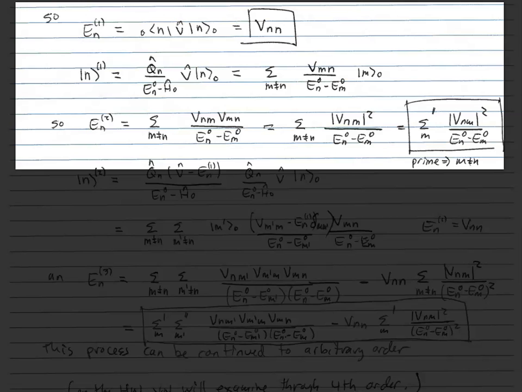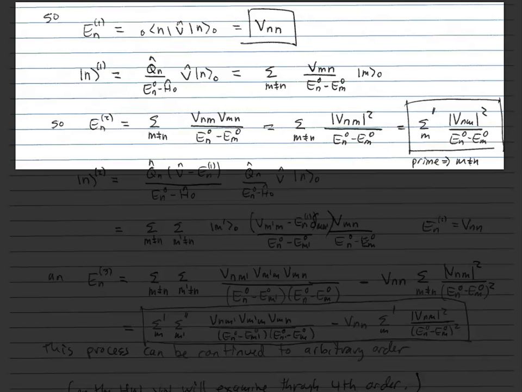And now the En^(2) requires multiplying by a V̂ and then multiplying by ⟨n₀|. That's going to bring in an extra factor of Vnm. So you can see that En^(2) is going to be the sum, m not equal to n, of Vnm Vmn over (En⁰ − Em⁰). Now because Vnm is equal to Vmn complex conjugate, that's equal to the absolute value of Vnm squared in the numerator.